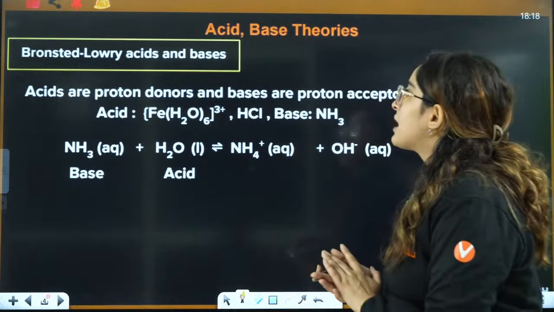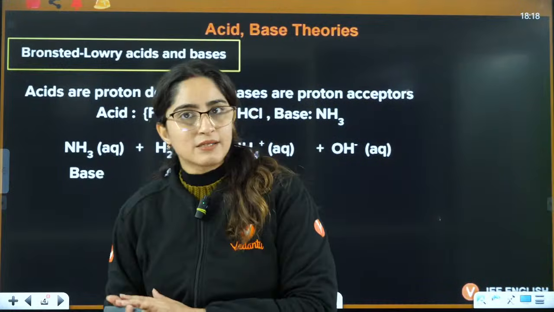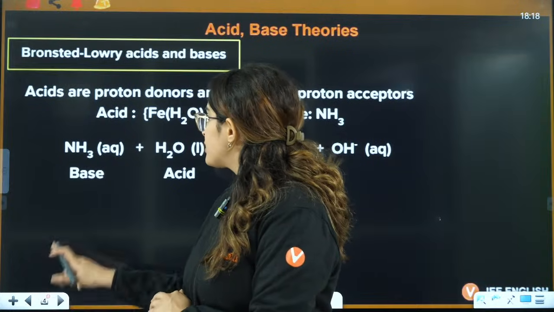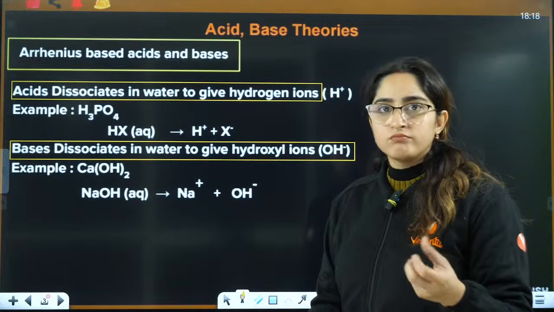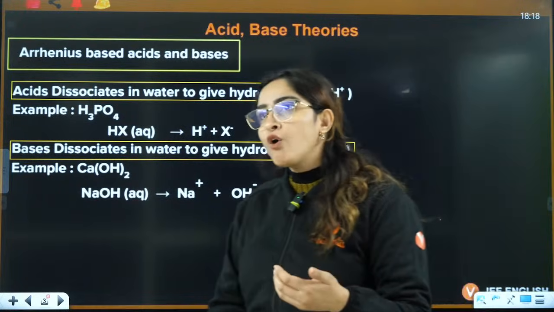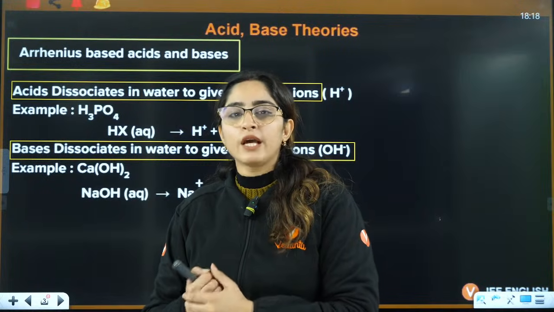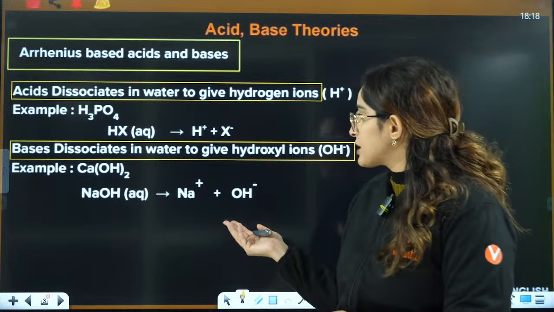Then there come Bronsted-Lowry acids and bases. Now why is it so? Because there were so many bases, like ammonia, NH3. In the case of ammonia, how can you say that ammonia is a base? Ammonia does not give you OH negative.